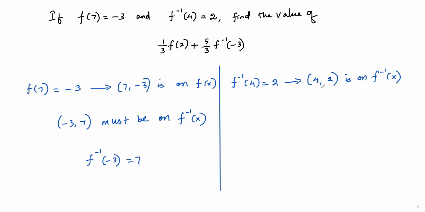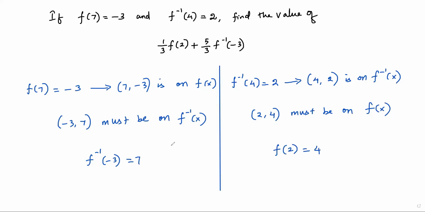In this point 4 comma 2, what if I switch the x coordinate and y coordinate? I'll get the point 2 comma 4. If 4 comma 2 is on the graph of f inverse of x, then the point 2 comma 4 must be on the graph of f of x. That is, if I plug in x equal to 2 into f of x, the result must be 4. That is, f of 2 equals 4.